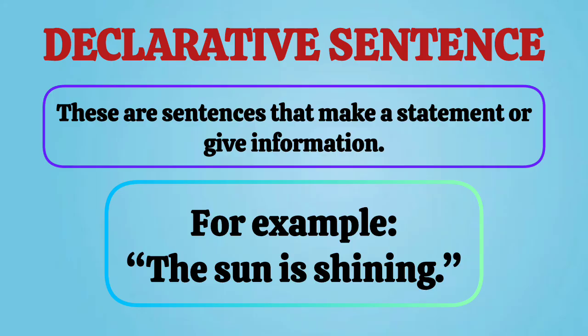See, it just states something that's true or a fact. Declarative sentences usually end with a period. Think of them as a way to tell someone what you know or what you think.